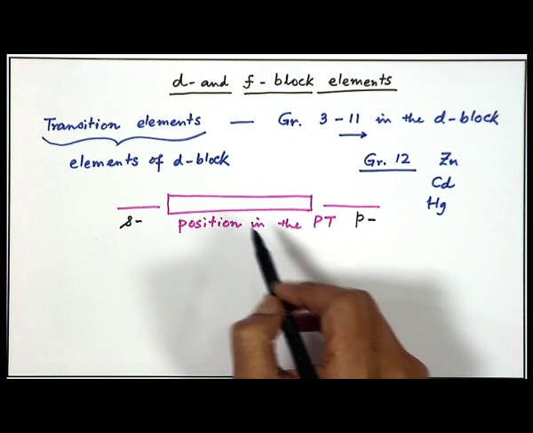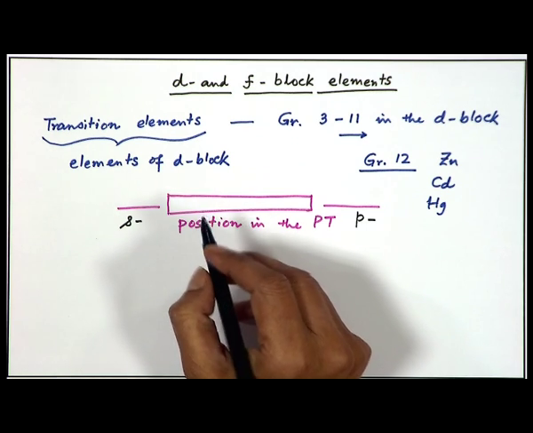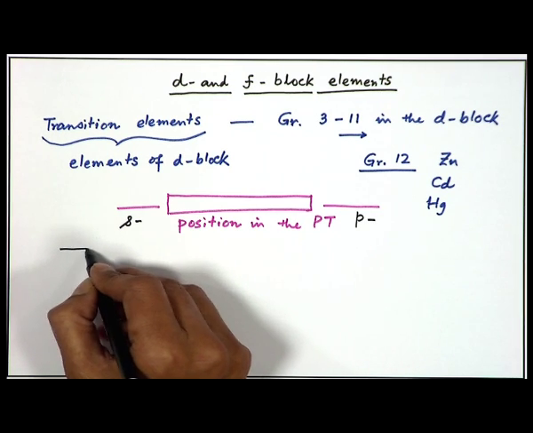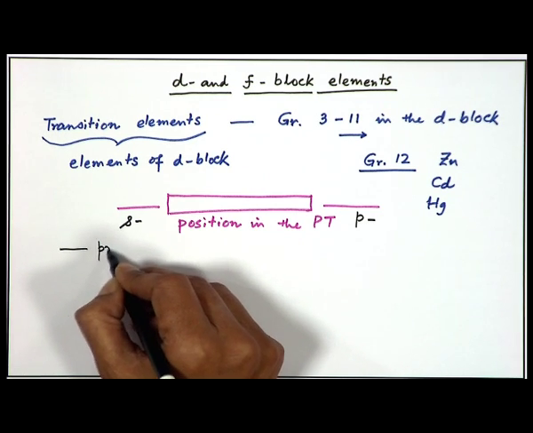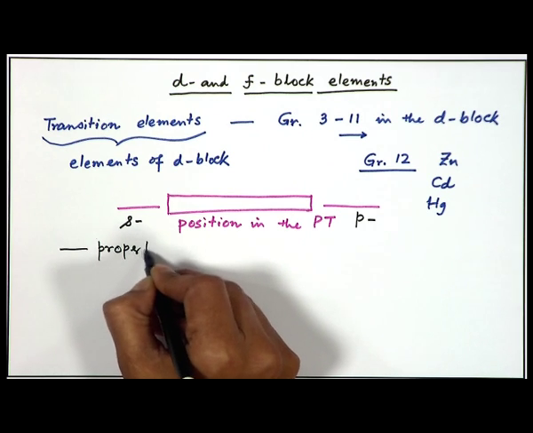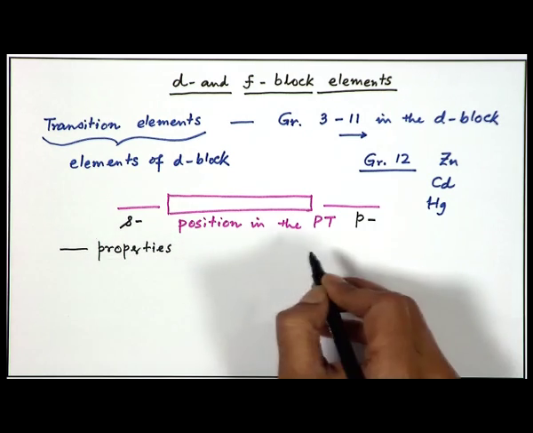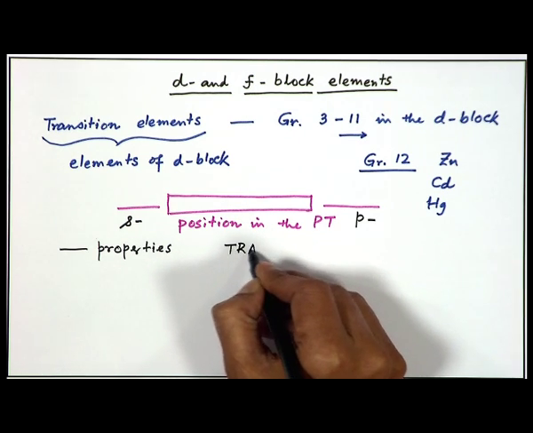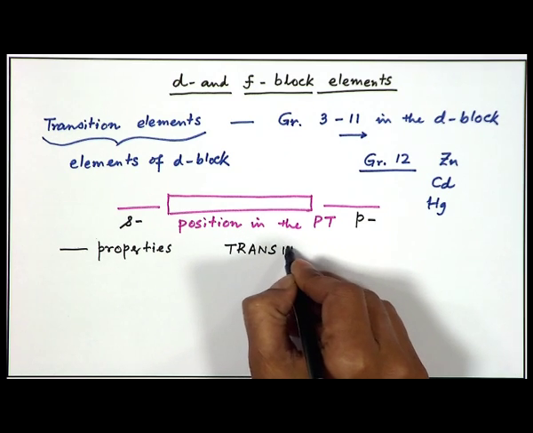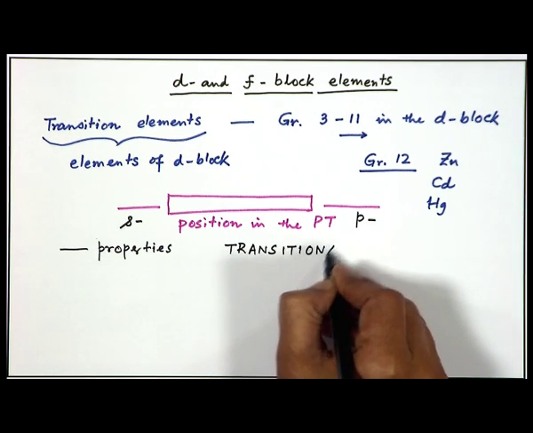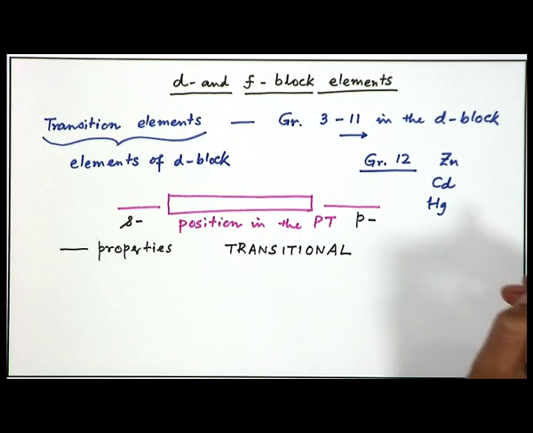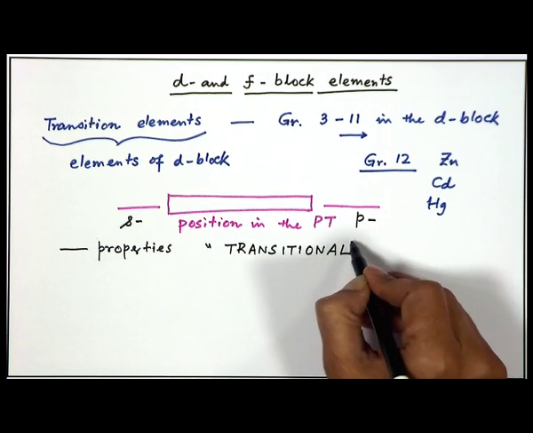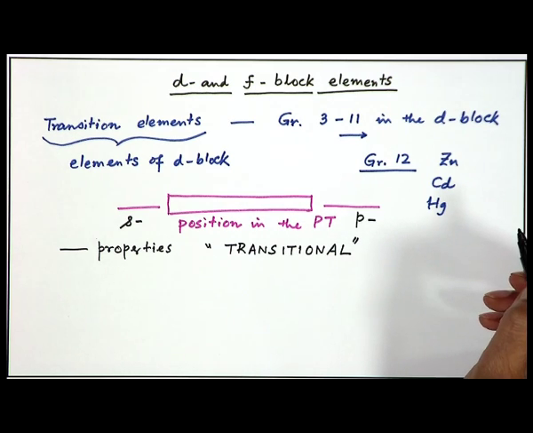So, that is why these are known as transition elements, and in terms of their properties, we will find that the properties are also transitional. These properties are also transitional from S to P. So, what is the transitional property?